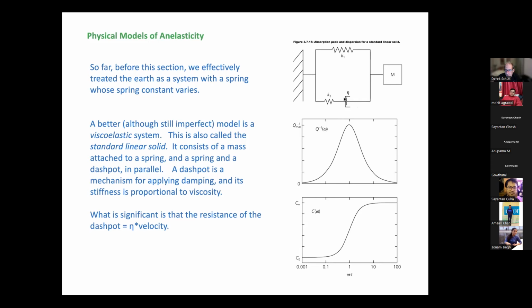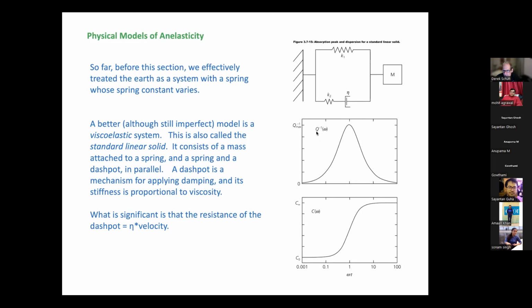What we see when we do this and we drive m is we have no energy loss at lowest frequencies, no energy loss at high frequencies, and maximized energy loss in between.